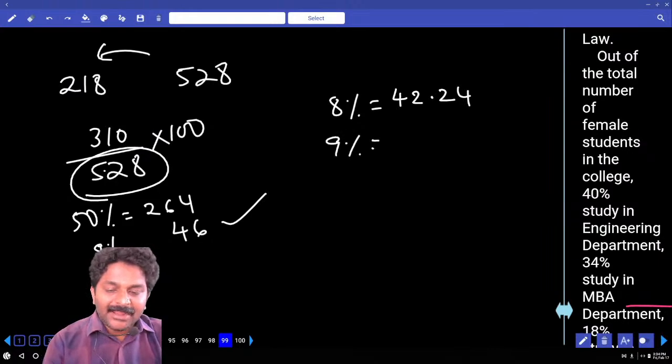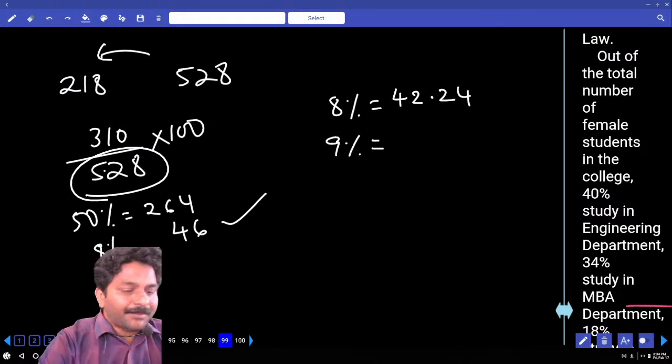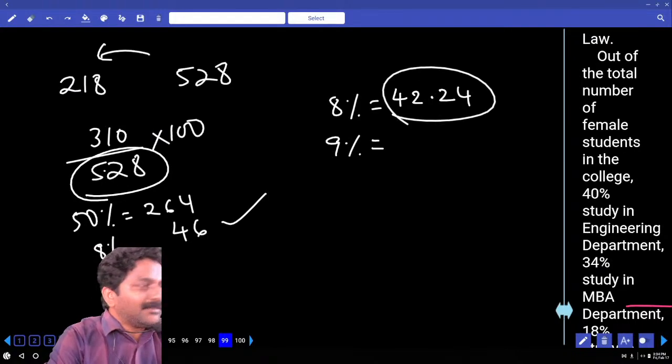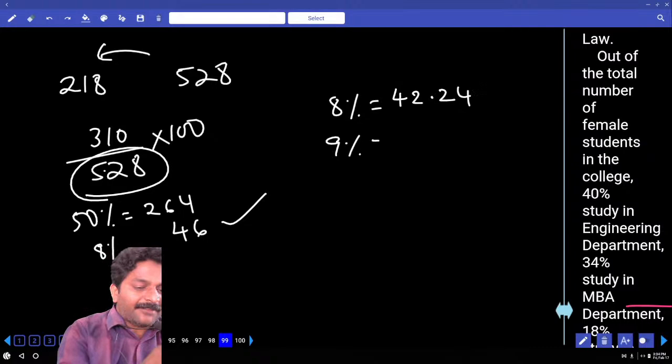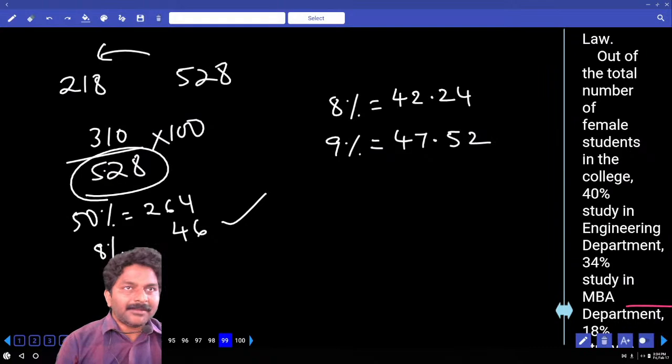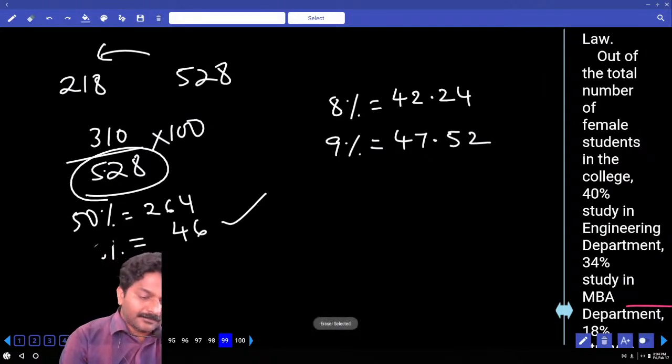Let me directly calculate 9%. For 9%, adding 1% should be enough. 1% is 5.28. Adding 5.28 gives 47.52. Correct? But how much do we need to add? 46.